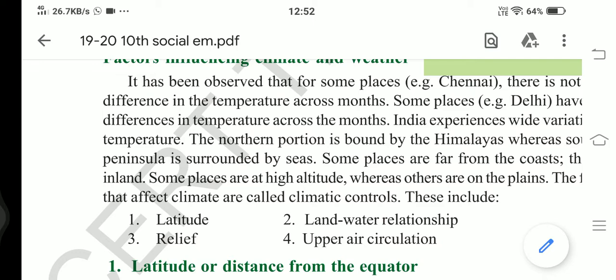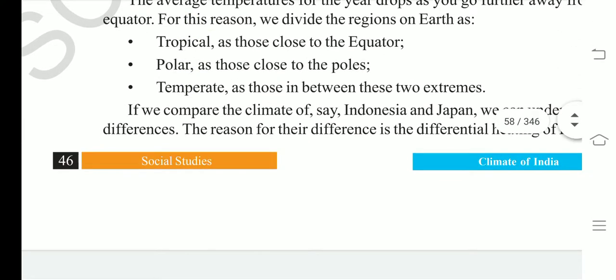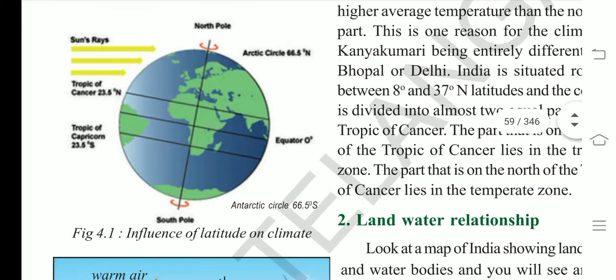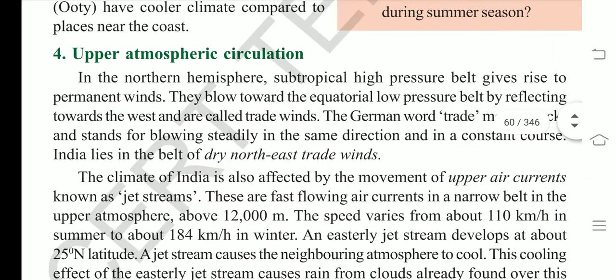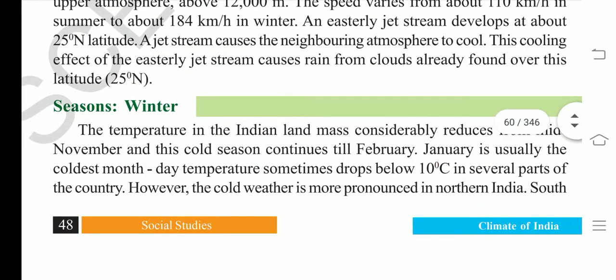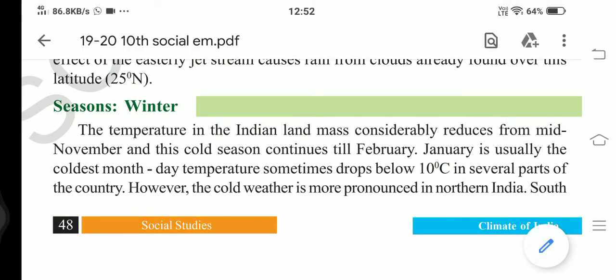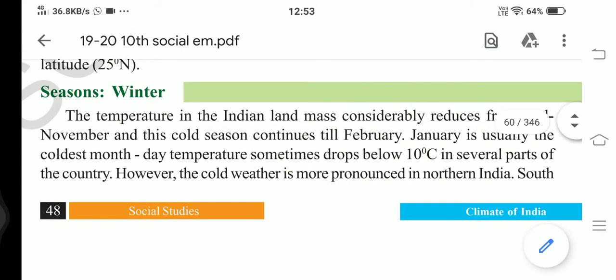Understand how the seasons take place in India. Okay. Look here. We are going to another topic, that is seasons. Understand, temperatures in India, that is the Indian landmass, reduce from mid-November, and mid-November in the sense middle of November.